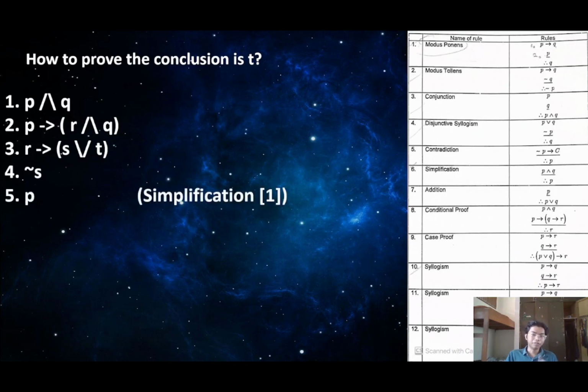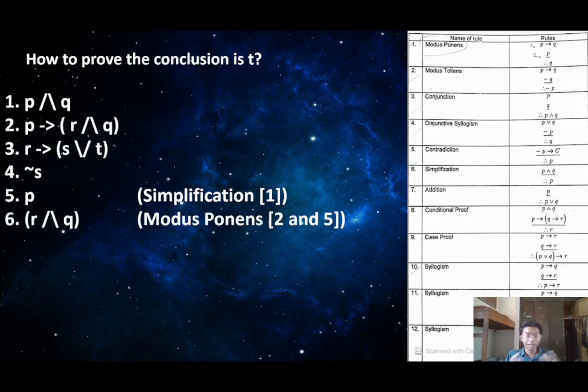From here we see that P and Q, from rule number 6 simplification, if we have P and Q, we can simplify it to become just P. Next from here, what do you think? If you answered modus ponens, then you are correct.